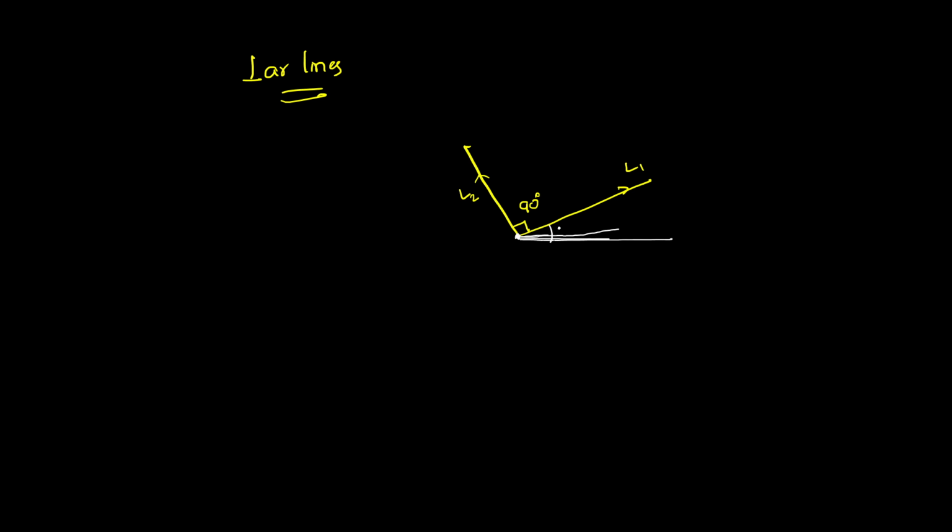Now how to find the slope of each line? The slope of the first line is given by theta, so for L1 the slope m1 is given by tan theta. And for L2, as I discussed, for any line slope is always measured with respect to horizontal. Slope is defined as the angle made by the line with respect to horizontal. So here line L2 is making an angle of 90 plus theta with respect to horizontal, so it is given by tan (90 plus theta).